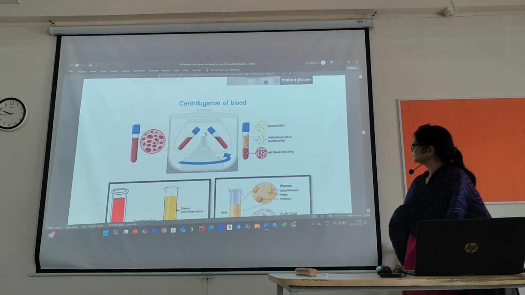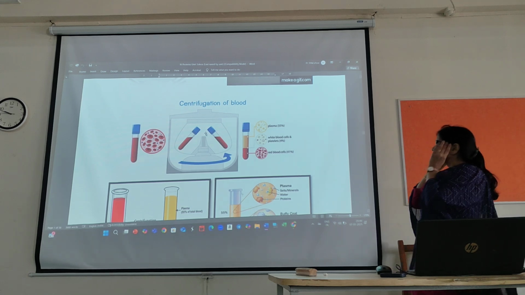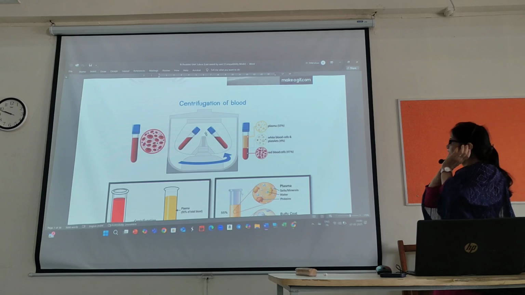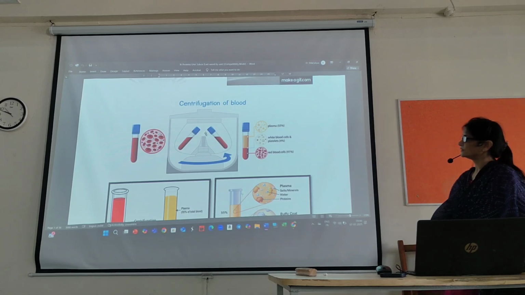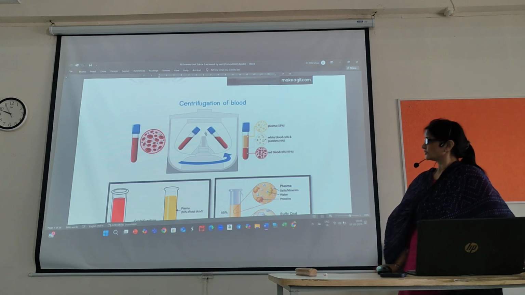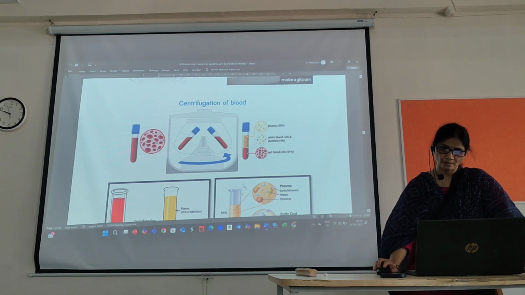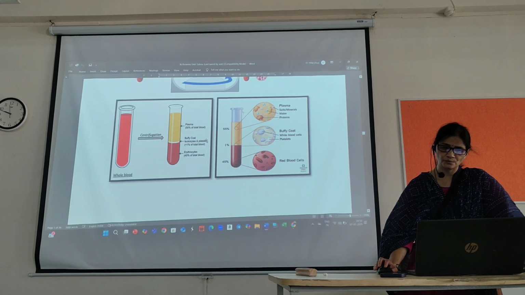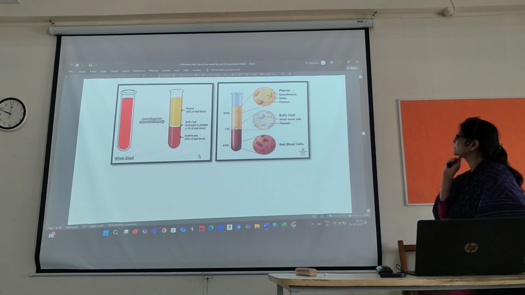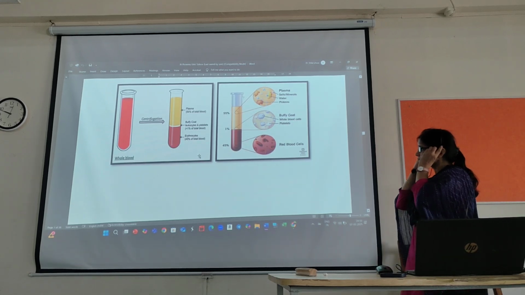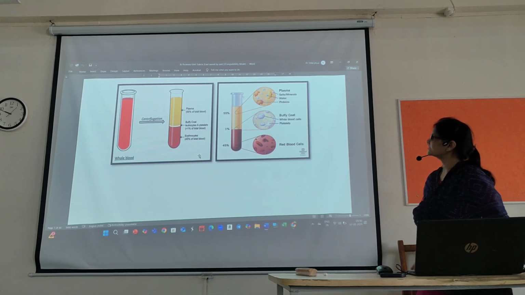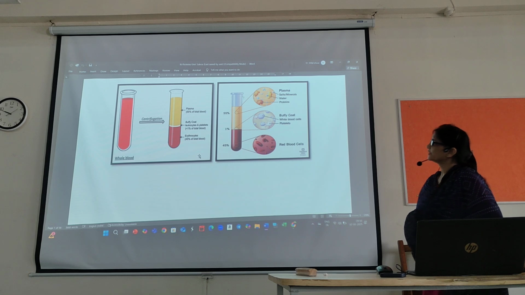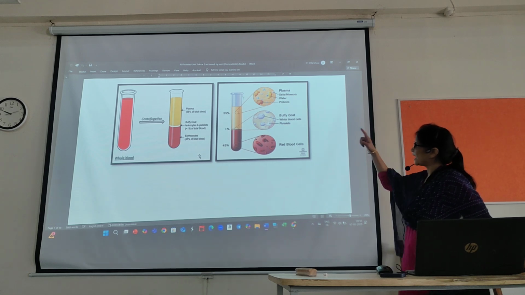This is the process. You can see here the plasma, then white blood cells and RBCs, isolated in three parts. So you can see clearly in these figures.